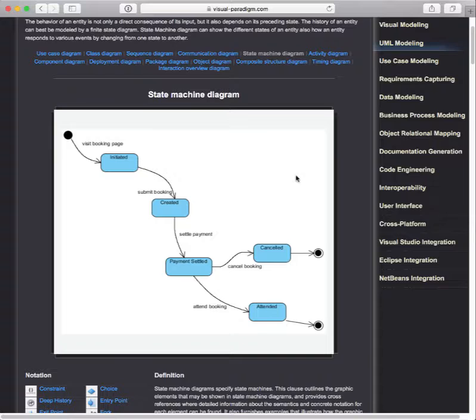Right. Good. So those are all states, and the states are comprehensive. What we're trying to do is identify every possible state that can happen. So if there's an important state of this important entity, in this case the booking, it has to show up in the diagram, because it's really meant to be comprehensive in that regard.